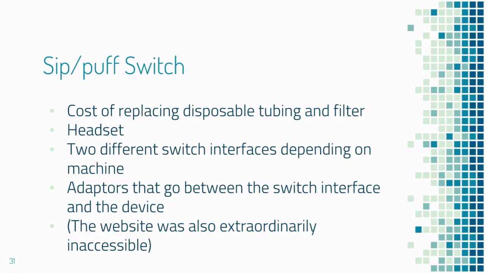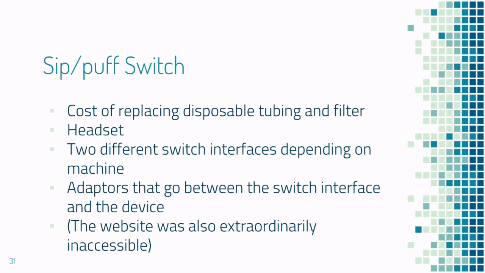So I told you to remember the sip-puff switch, and as I was reading the website and the different requirements and specs, the price just kept racking up in my head. So you have the cost of replacing the disposable tubing that goes from your mouth to the filter. You have to replace the filter, which is what keeps the switch that actually tells your computer whether you're blowing or puffing from getting condensation on it and dying.